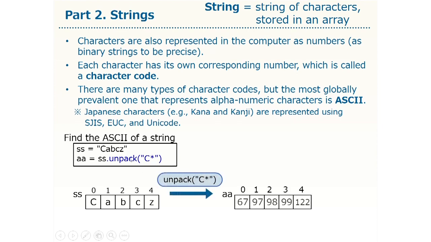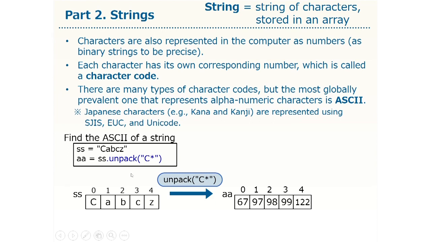Then, by the second line, a sequence of numbers corresponding to the characters of the string in ss is computed and then stored into the variable aa. Here, the string variable name, in this example ss, followed by .unpack("C*"), is a command to compute an array of numbers corresponding to the string.